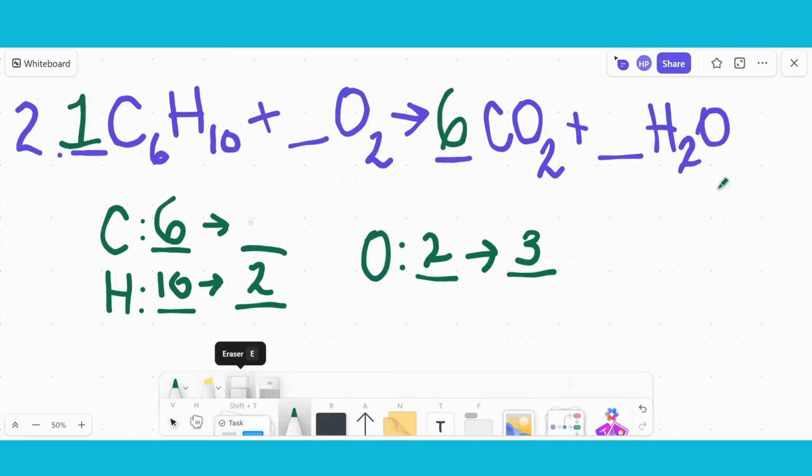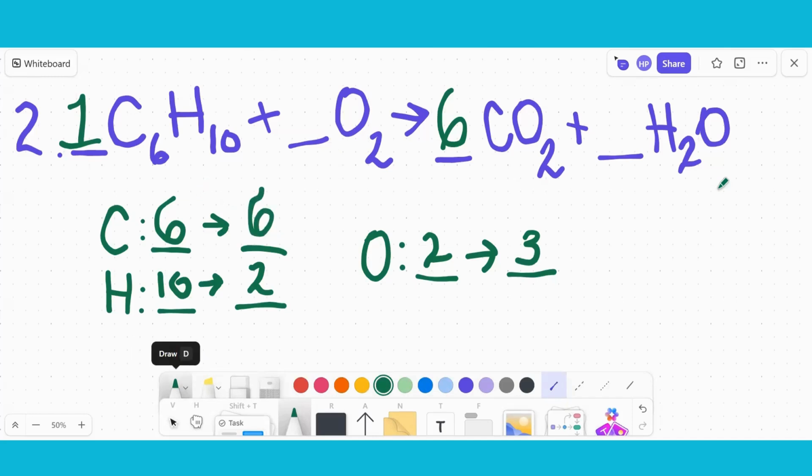Now, if I update my count for carbon, there's 1 times 6, so there's 6 carbons on the left. And 6 times 1, there's 6 carbons on the right. So that looks good.